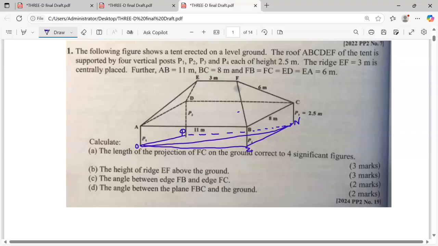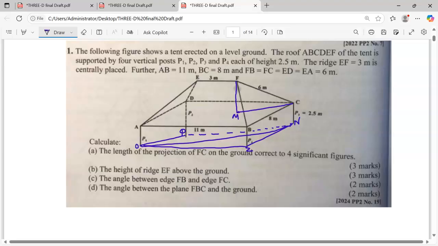We need this line this way. So if we drop a line from F to meet this line, we can call this one a point M, such that MC becomes the projection of the line FC on the plane.